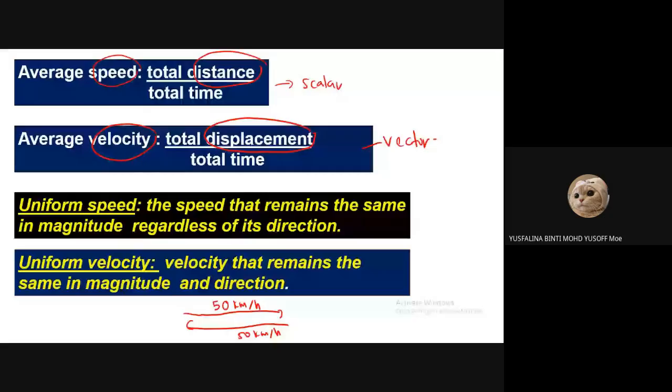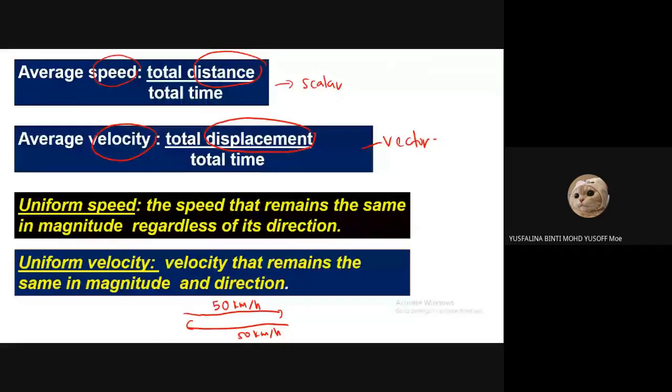So this one is not a uniform velocity because the direction changed, even though the magnitude is the same. For uniform speed, we only consider the magnitude, it doesn't matter what the direction is, but for uniform velocity, you have to consider the magnitude and also the direction.